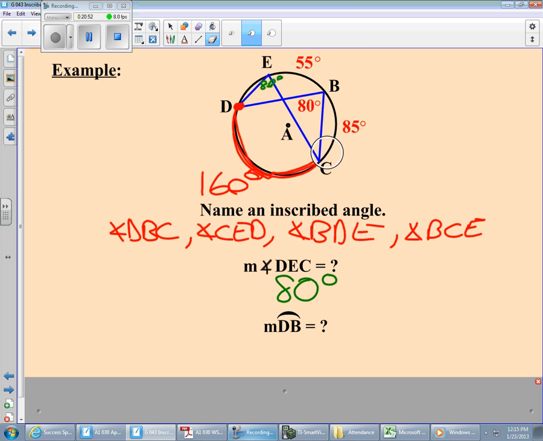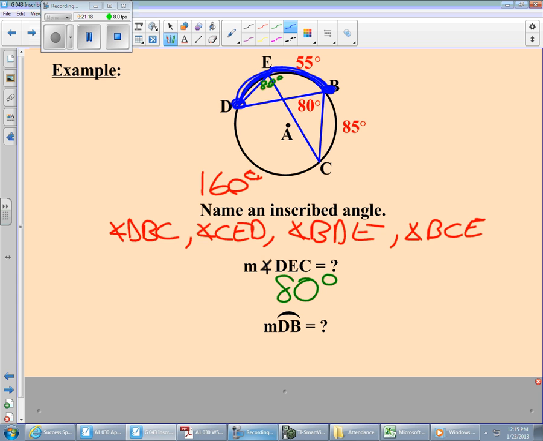Measure of arc DB. Okay, I'm going to erase some of this clutter. Where's DB at? There. What's preventing us from being able to answer the measure of arc DB?